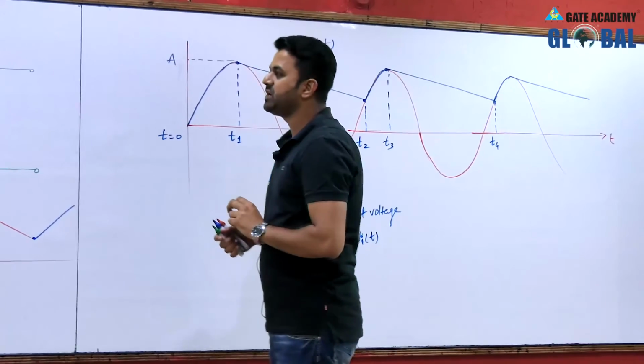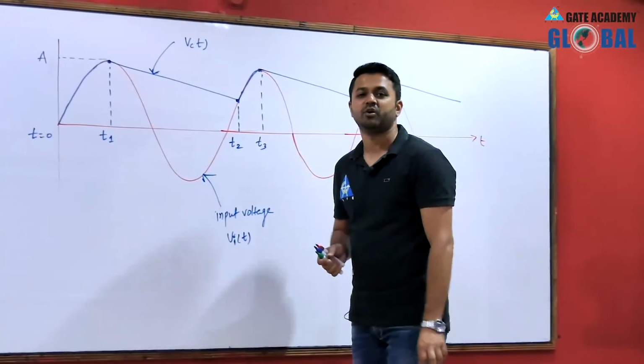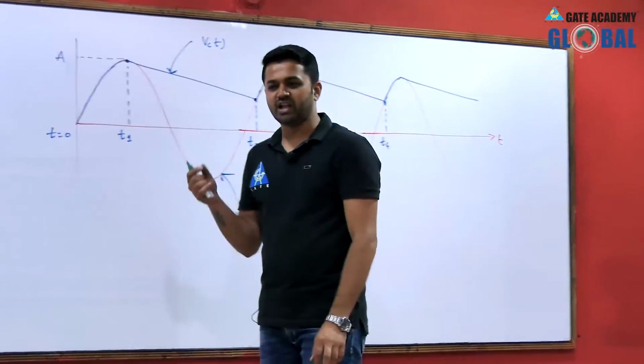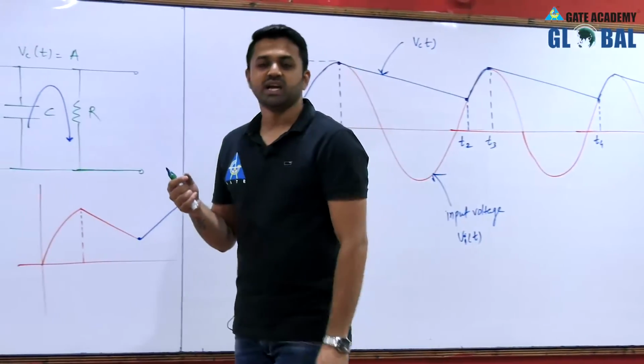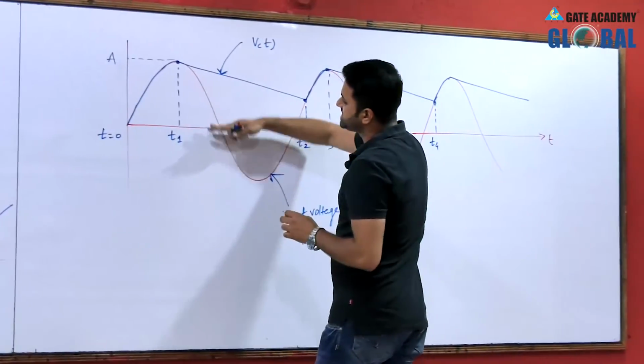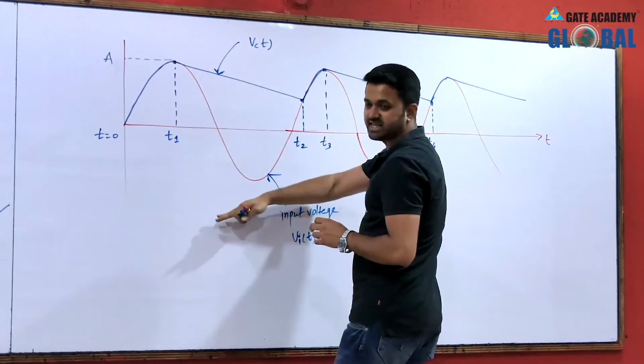And what is the envelope of the input signal? We get the envelope when we connect the peak values on the positive side. This is the positive side, and below this is the negative side.